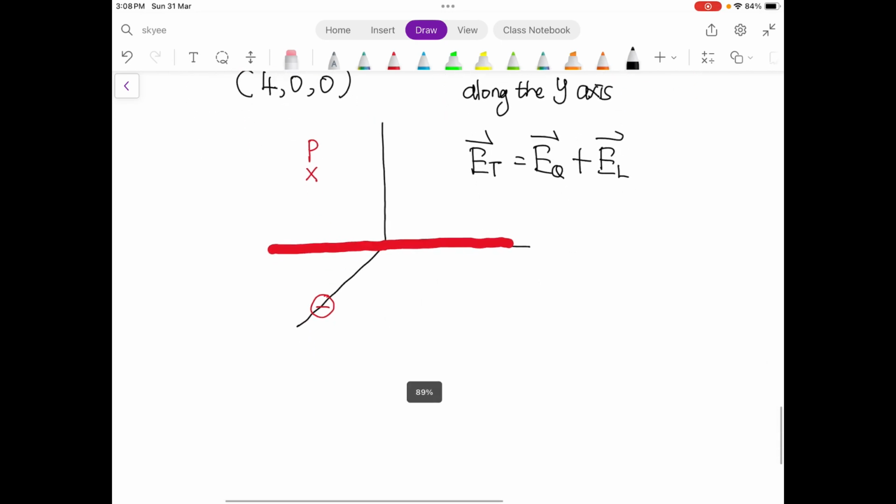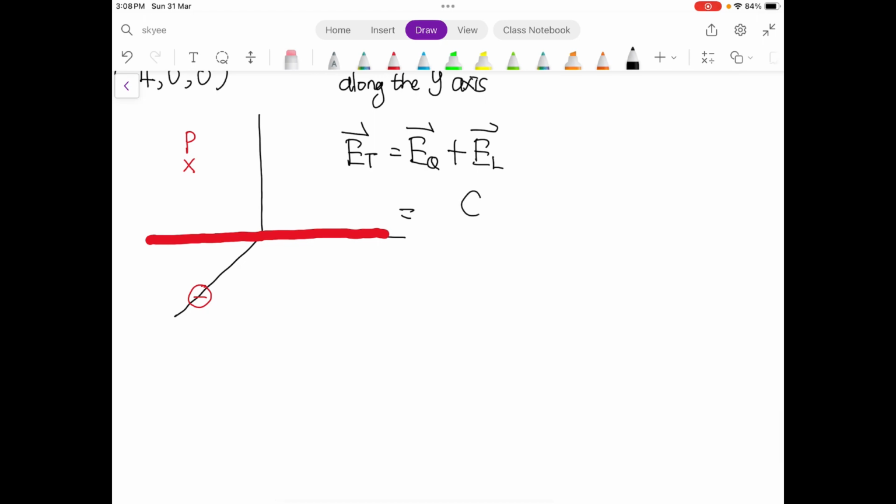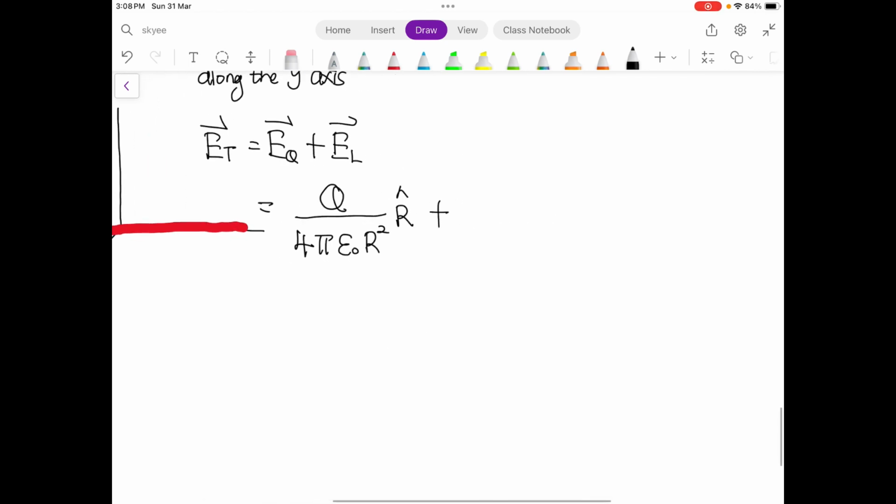The E from the Q you can calculate by this one, and for the E from the line, you could use this formula, which is rho L over 2 pi epsilon naught r, in the direction of r.